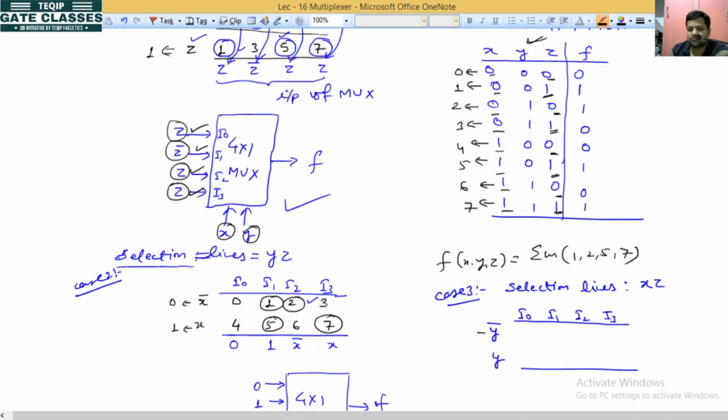We have y bar means 0, y means 1 in the minterm. Where is 0? We have 0 at 0, 1, 4, 5, so write 0, 1, 4, 5 in front of y bar. Now where do we have 1? At 2, 3, 6, 7.